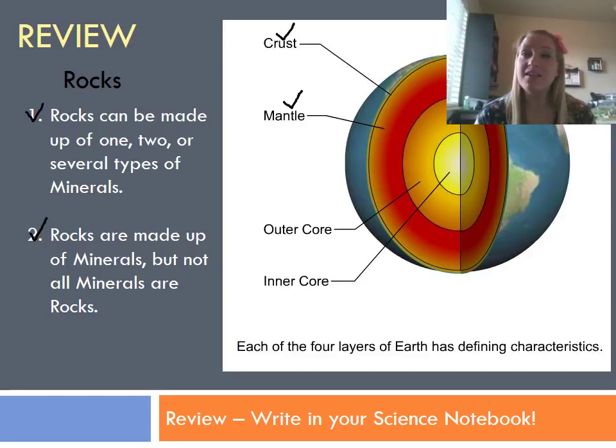It's made of solid rock, but it's under so much pressure that it's constantly moving, so it might feel like taffy. We have our outer core, which is super hot, mostly liquid iron. And then we have our inner core, which is even hotter, extremely hot, made of entirely solid iron.